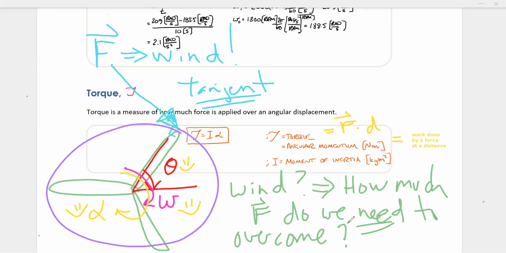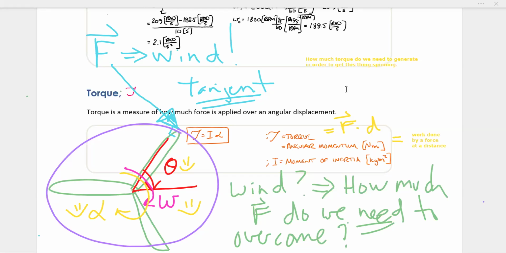So how much torque do we need to generate is our question. How much torque do we need to generate in order to get this thing spinning? And the key answer to that, how much torque do we need to generate to keep that thing spinning?